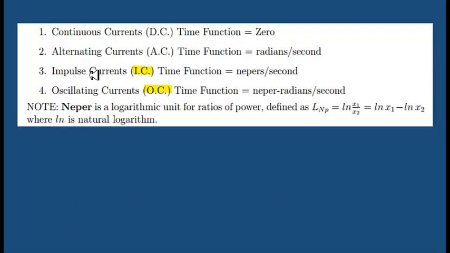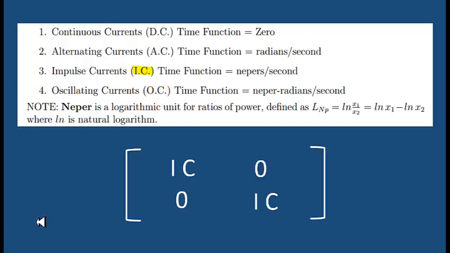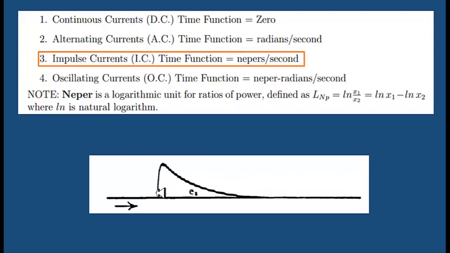So what about impulse currents and oscillating currents? How do they fit into this complex notation? Well, the impulse currents are not oscillating in any way, shape, or form. Let's just have a look at the picture here of an impulse current. An impulse current has magnitude only. That magnitude changes over time, but it is not cyclic.